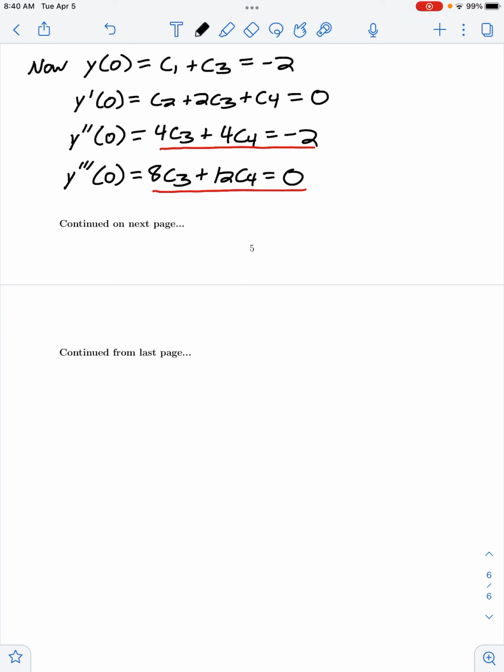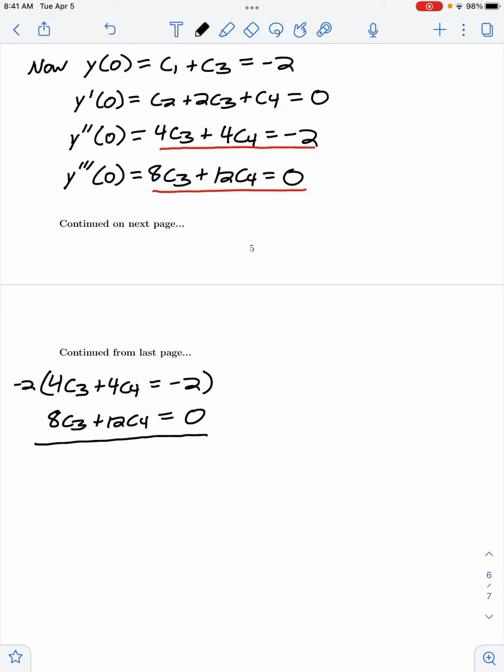If I were to consider this system, 4c3 plus 4c4 equals negative 2, and 8c3 plus 12c4 is equal to 0, well, I see that if I were to multiply my first equation by a factor of negative 2, and then add that to my second equation, the c3 terms will cancel.